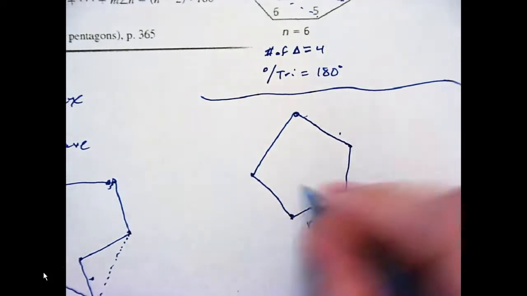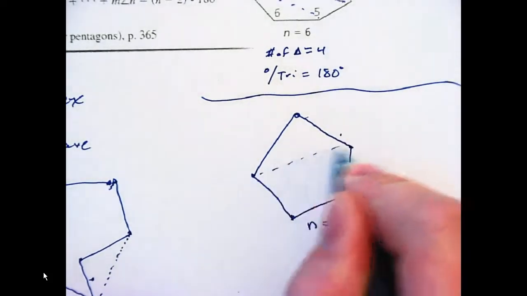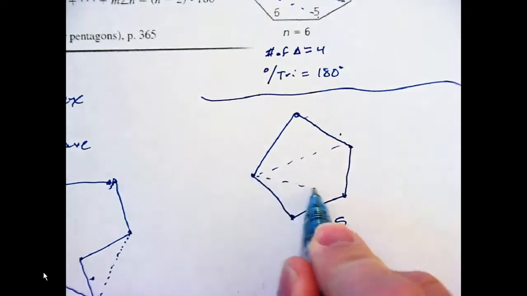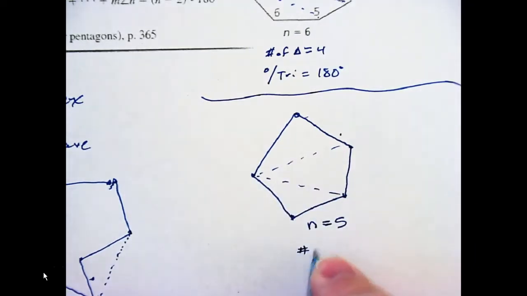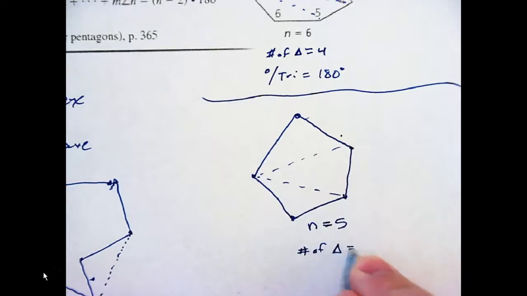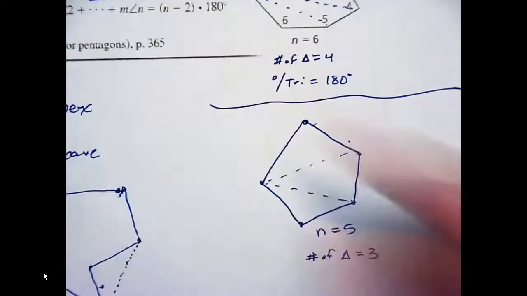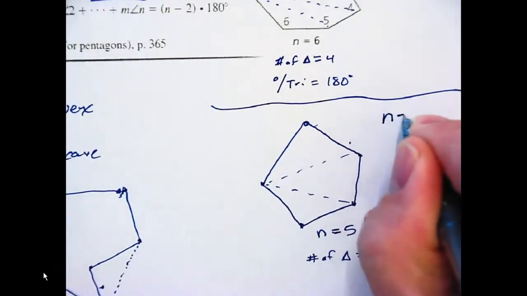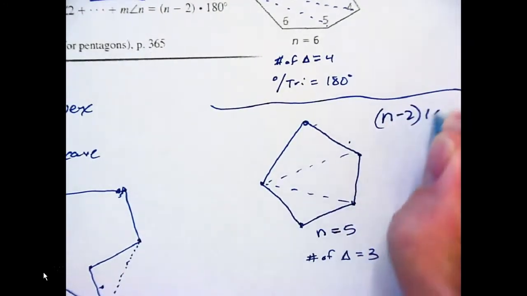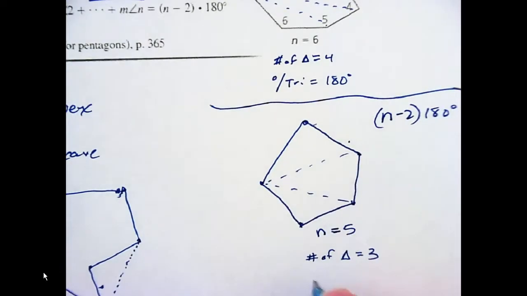Okay, number of triangles? 3. Let me write this formula again for everyone. N minus 2 times 180 degrees. How many degrees per triangle?